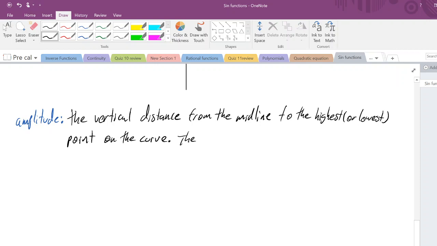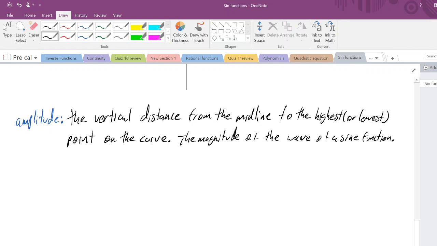The magnitude of the wave of a sine function.